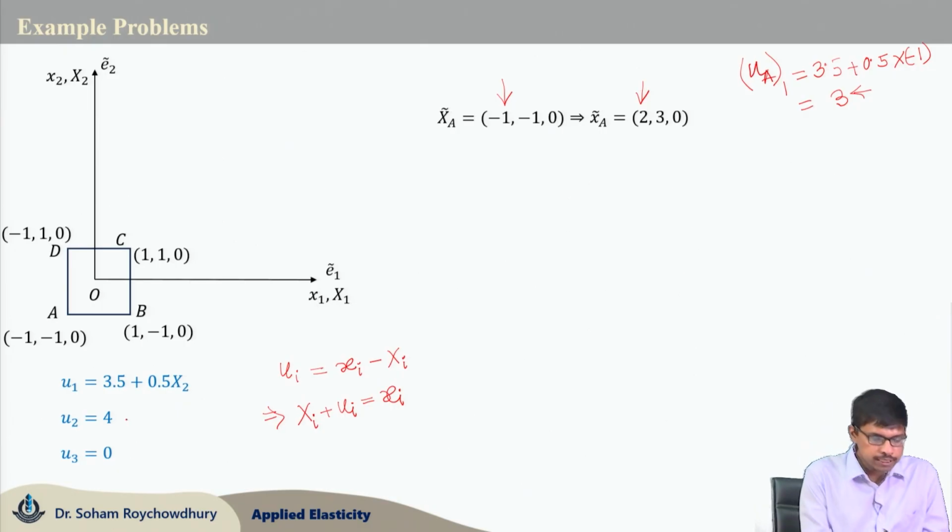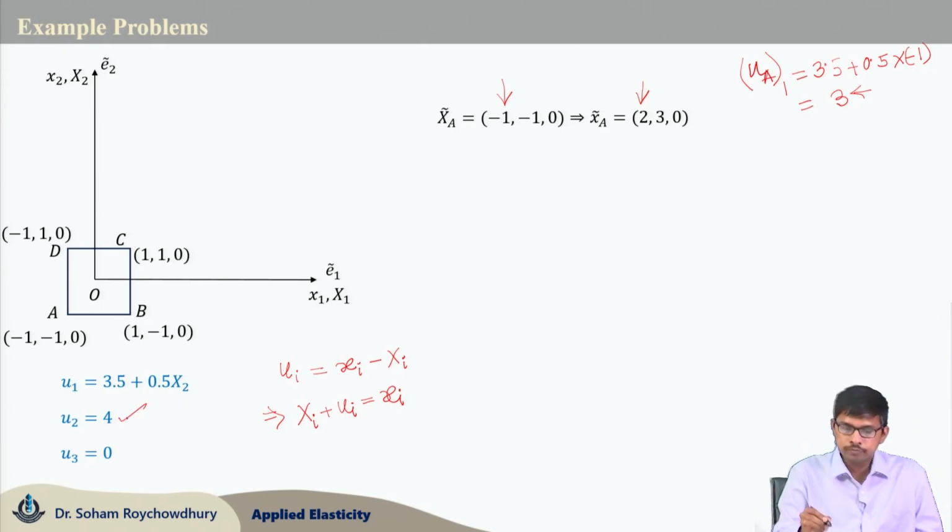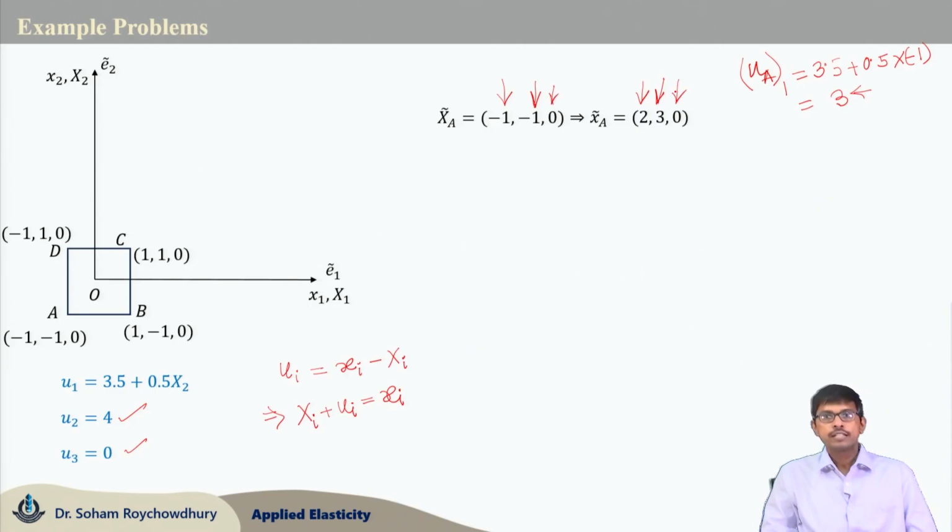The second displacement component is 4 for all, so -1 plus 4 results in 3, and the third displacement component is 0, so that remains the same. Like that, the undeformed coordinate -1, -1, 0 for point A changes to the deformed location 2, 3, 0.